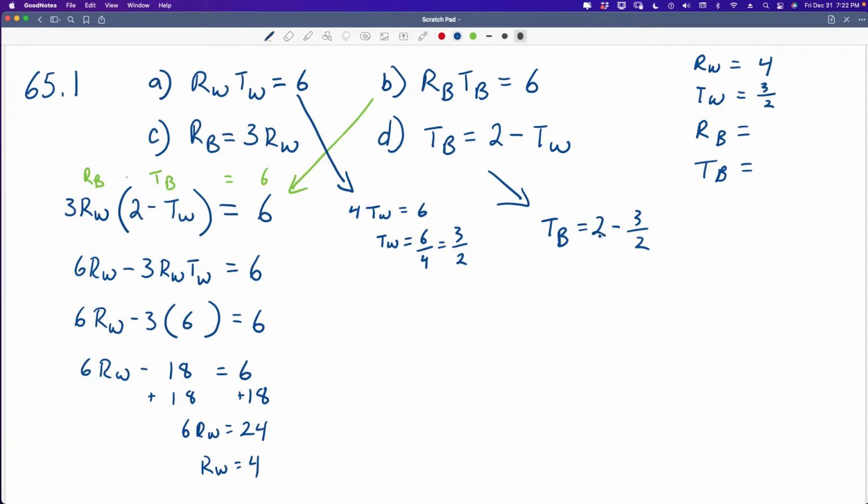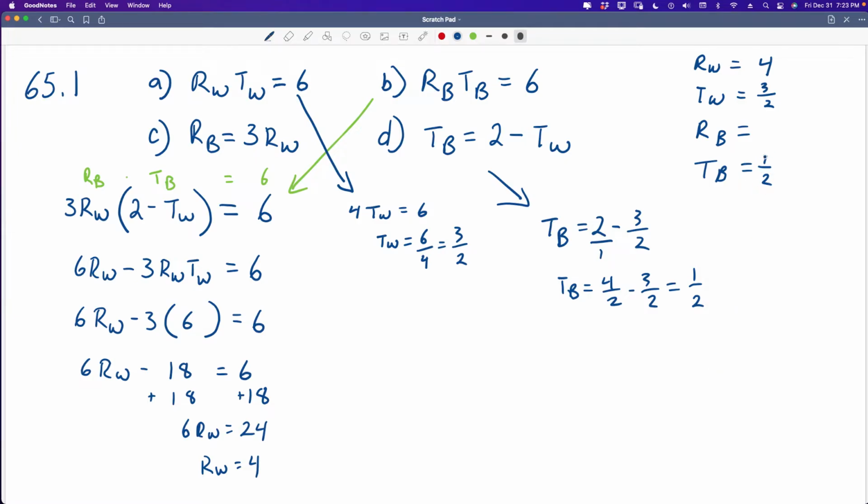Okay, so 2, this is 2 over 1. So in order to have a common denominator, I've got to double this, right? So that would be 4 over 2 if I double it. So I'm going to rewrite that. Here, TB is equal to 4 over 2 minus 3 over 2, which is going to equal 1 over 2. So TB is equal to 1/2.